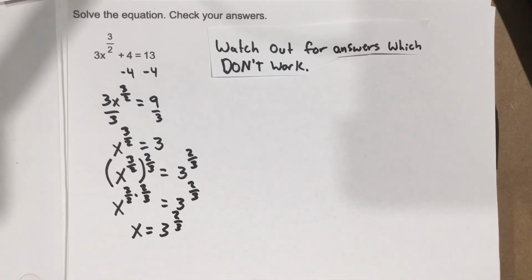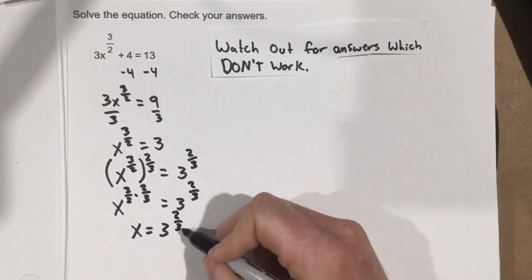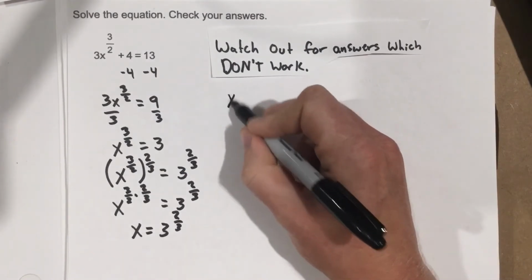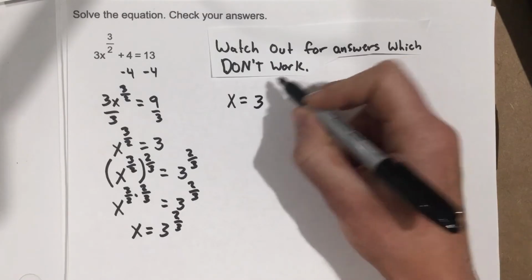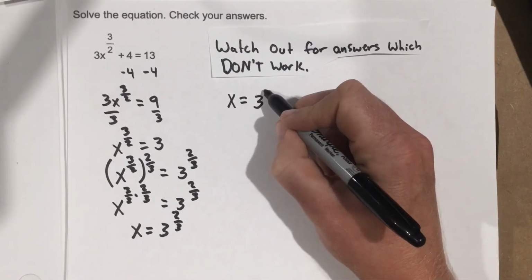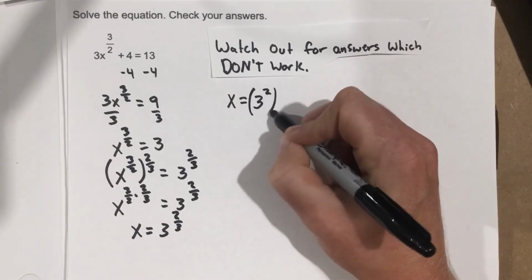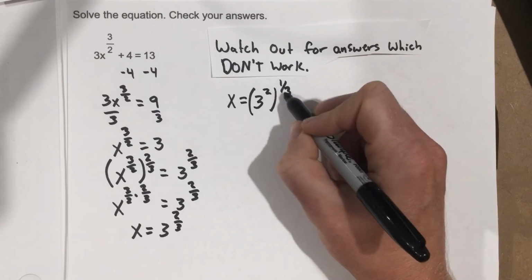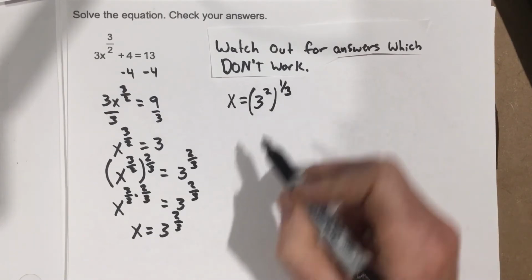Now 3 to the 2/3, we can write that as, well, I'm going to split this up. So we're going to say x equals 3, and I'm going to split up the 2/3. So I'm going to say that this is 3 squared to the 1/3, because remember, you can do 2 times 1/3. And maybe I should have written that first.